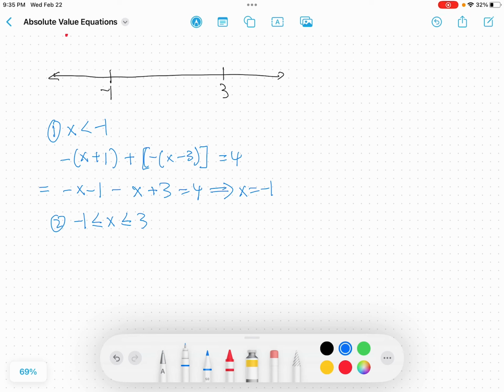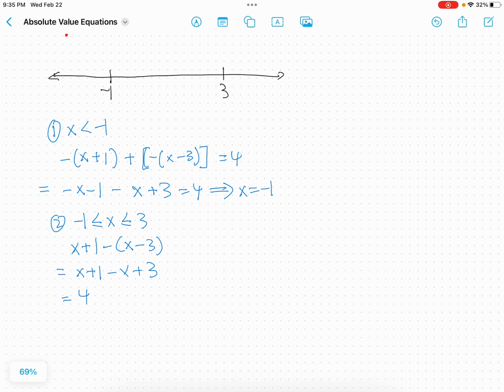So for the first part, you don't change it. It's still going to be x + 1. For the second part, take the negative. This is going to equal x + 1 - x + 3, and this is equal to 4. Well, this is going to be always true.